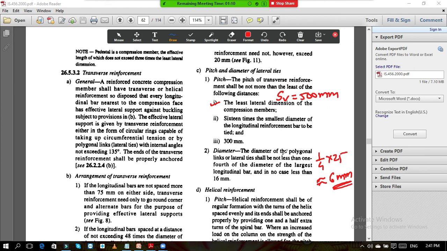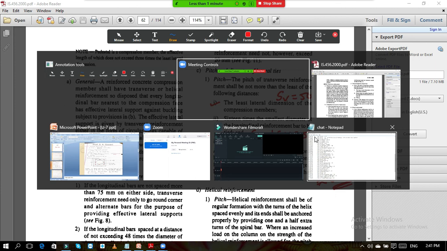Now 16 times the smallest diameter of the longitudinal reinforcement bar. So Sv is equal to 16 into the bar diameter, which is 25. That is the second value we should calculate.